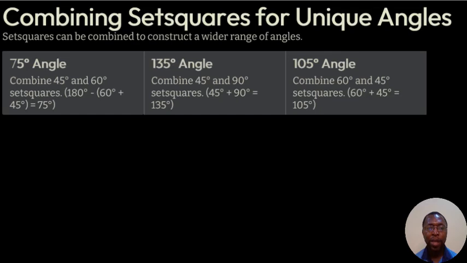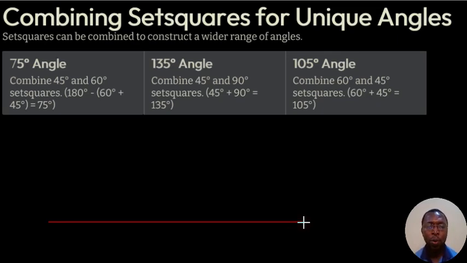Okay, let's start. The first thing we need to do here is to draw a straight line. So we draw our straight line like this. So this is a straight line. This is a horizontal line. Okay.